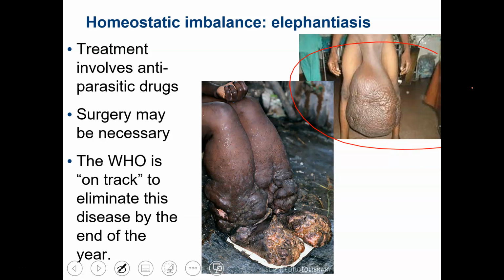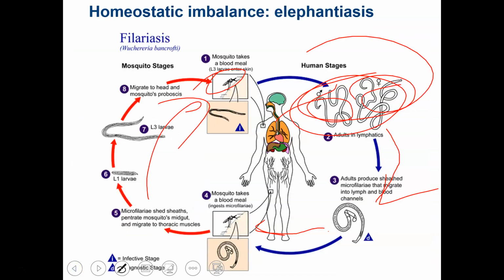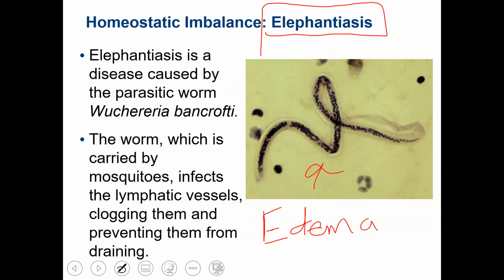That being said, the World Health Organization, at the beginning of this year, reportedly was on track to eliminate this disease. How would you eliminate this? Well, as it turns out, that stupid little worm has a bacterial cell in its intestine that helps it stay alive.